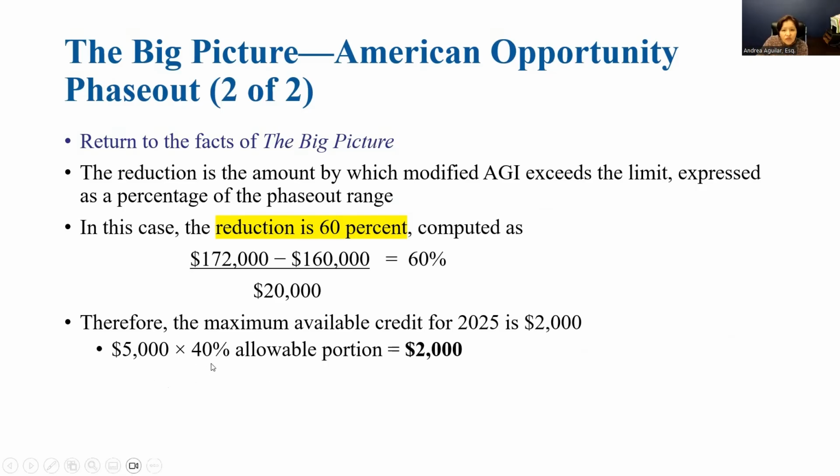Okay, so the American Opportunity Education Credit would be 40% of $5,000, and that will give you $2,000 instead of $5,000. And the only difference between claiming the $5,000 is that you have too much adjusted gross income. Before, the adjusted gross income was $158,000. In this case, the adjusted gross income is $172,000.